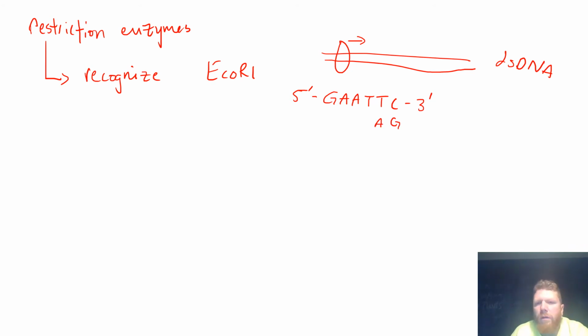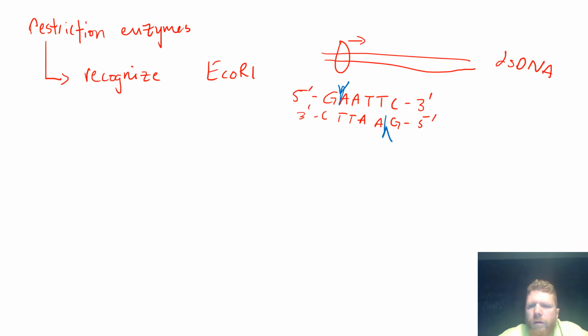So it's going to have GAATTC on the other strand. And what this enzyme is going to do is it's going to break a pair of phosphodiester bonds between that G and that A. And whenever it does that, you have this kind of fracture right there.